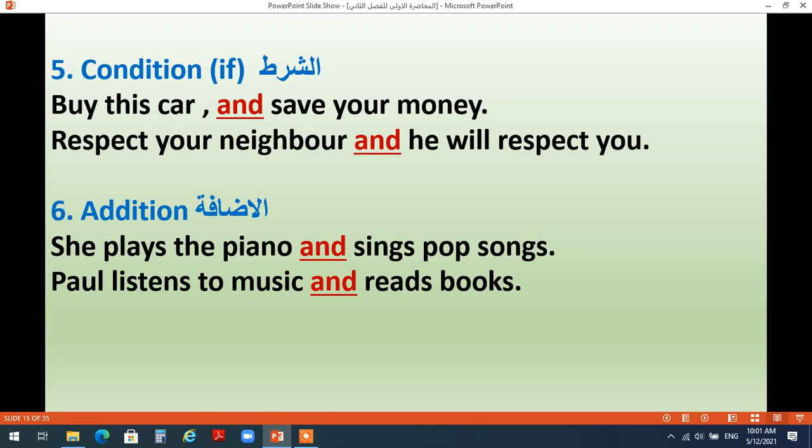Or if you say respect your neighbor and he will respect you، أيضا هنا كأنما نقول if you respect your neighbor he will respect you. إذن هنا and تحمل معنى الشرط.